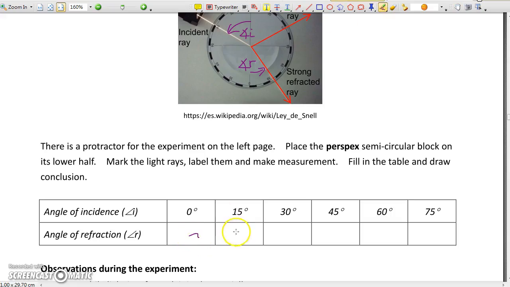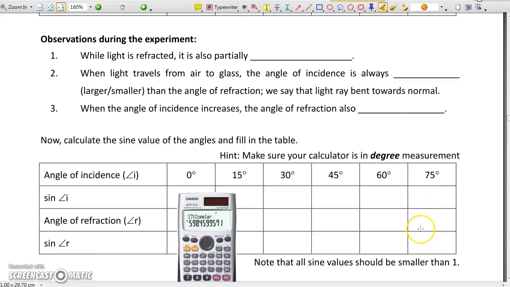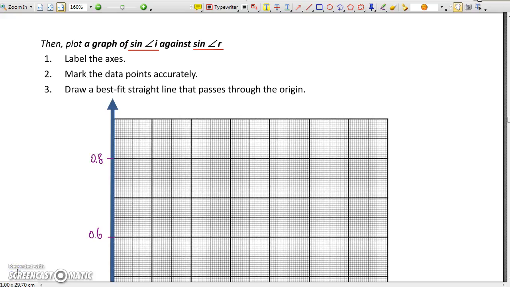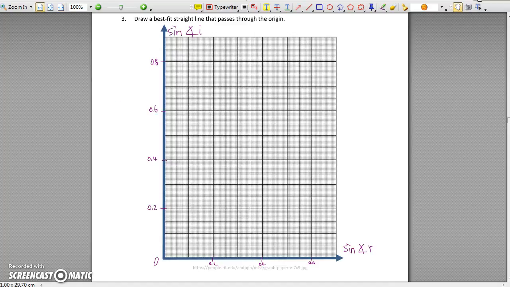Fill in the result in the table here, and then you have to calculate the sine of the angles using the next table below. So make sure you bring along your calculator. And then you have to plot a graph of sine i versus sine r, which means the vertical axis to be sine i, where i is the angle of incidence, and for the horizontal axis it is sine r, where r is the angle of refraction.